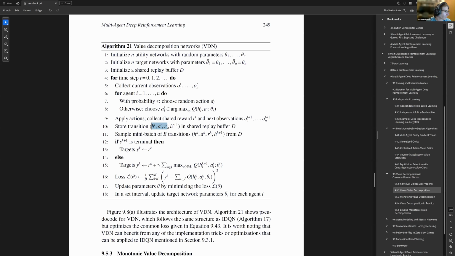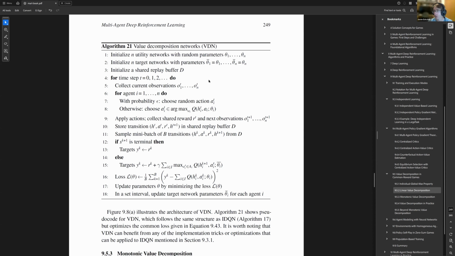This is saying that the shared replay buffer needs to store all of these individual actions and observations, and the subsequent observation for each sub-agent. Whereas R, you'll never see R here written with a sub i because, of course, we're in a common reward game. So the reward value is the same.